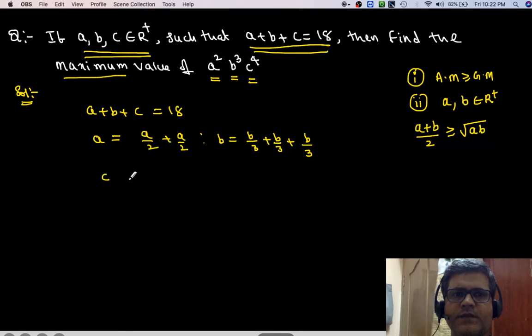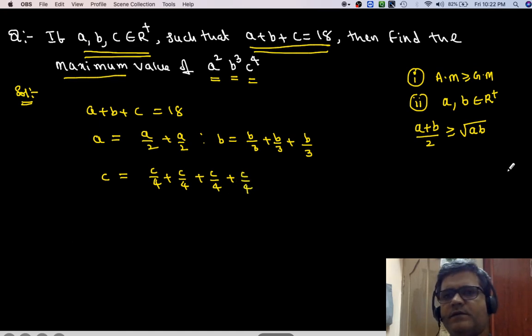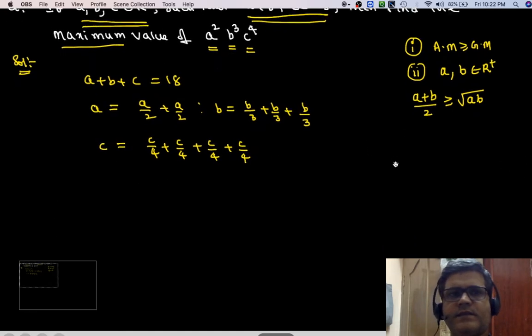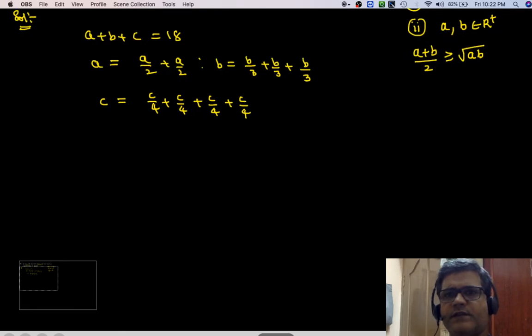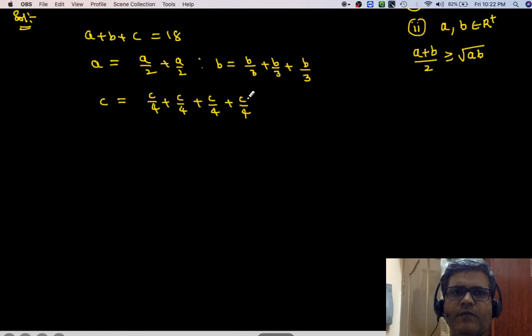Now similarly, 4 c's are there, so you write c as c by 4 plus c by 4 plus c by 4 plus c by 4. Since a, b, c are positive quantities, a by 2, b by 3, c by 4 are also positive quantities.